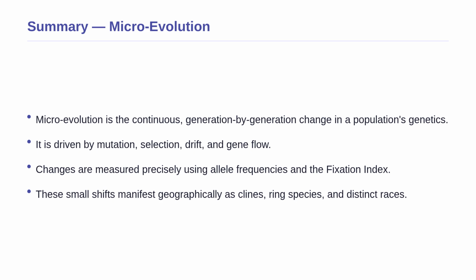By tracking allele frequencies and using mathematical tools like the fixation index, we can prove and measure these changes with incredible precision. Whether it manifests as a smooth cline, a complex ring species, or distinct local races, understanding these small-scale shifts is the ultimate key to grasping how the magnificent diversity of life on Earth came to be.